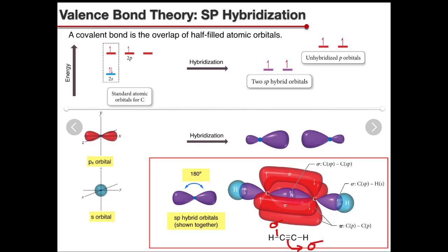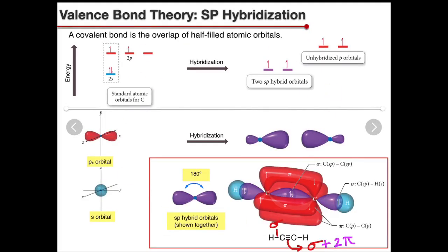So that means in this case, a triple bond contains one sigma bond plus 2 pi bonds, because the 2 pi bonds come from the unhybridized p orbitals, 2py and 2pz. Okay, you are going to see a similar example later.